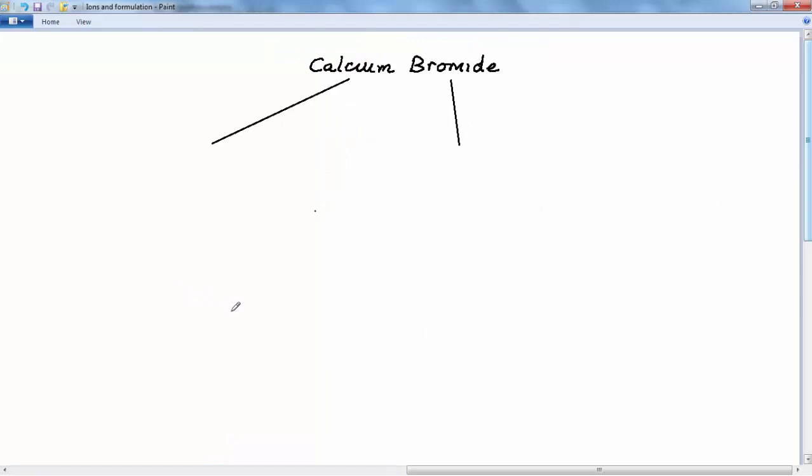Okay, so calcium bromide. Well, again, we know that calcium bromide is made from 2 elements, calcium and bromine. Calcium's in group 2 of the periodic table, bromine's in group 7. So let's look at the ionization equations for each of these.